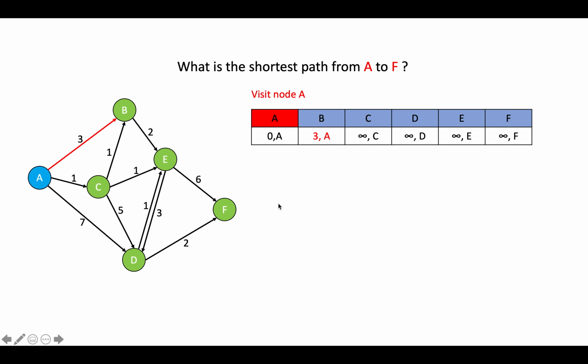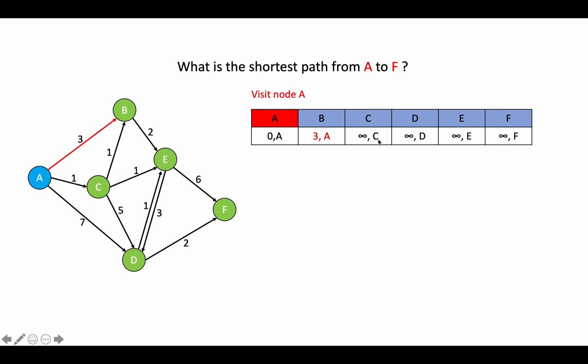Then the next information is an edge from node A to node C, and the length is 1. Can we use this new information to update our table? The answer is yes, because currently the shortest path is infinity.